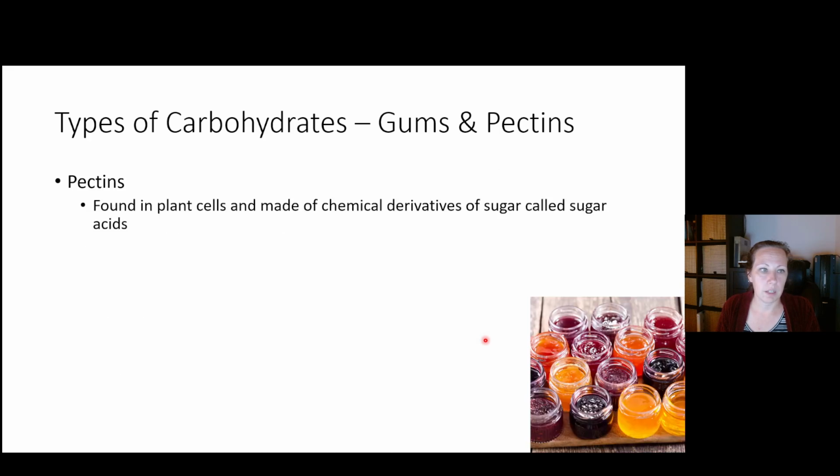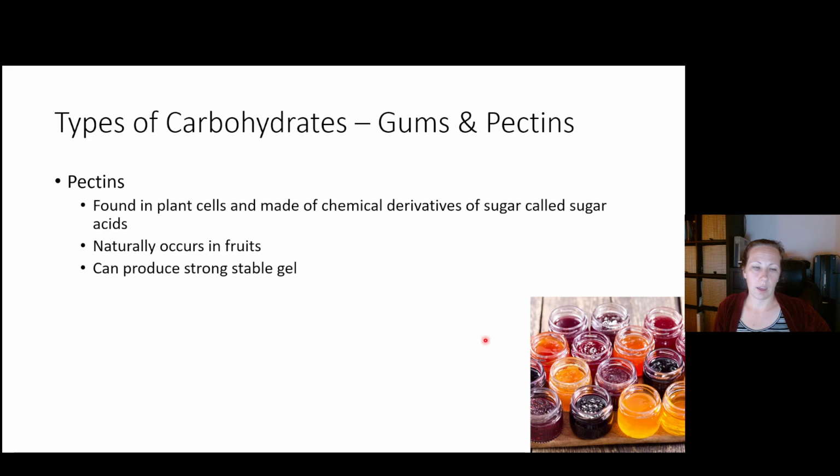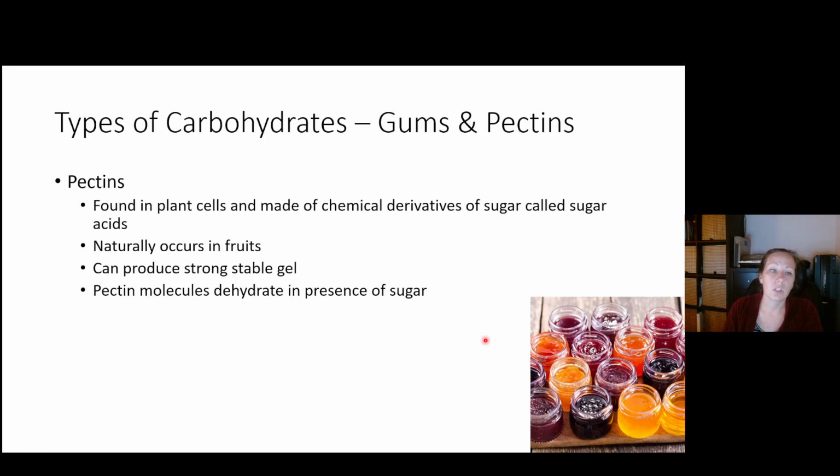So then pectins are found in plant cells, and they're made of chemical derivatives of sugars called sugar acids. And of course, they naturally occur in fruits, and they produce a strong, stable gel. So also, in the presence of sugar, these molecules will dehydrate.